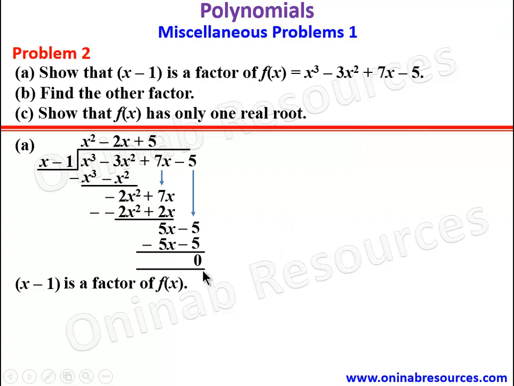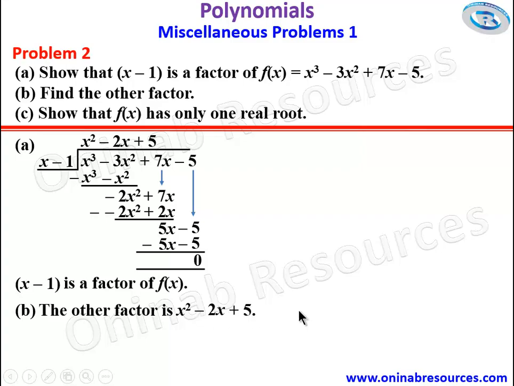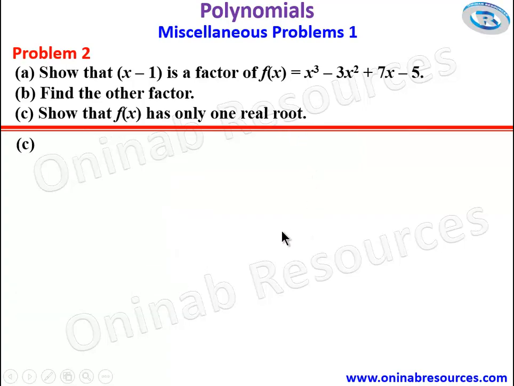That has been shown. Then for B, we have to find the other factor, and the other factor is the quotient we have here, which is x squared minus 2x plus 5. Then we go ahead to show that the polynomial f of x has only one real root. So in our solution there, we are going to equate the polynomial to 0.